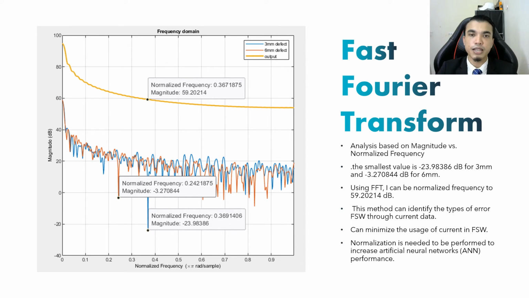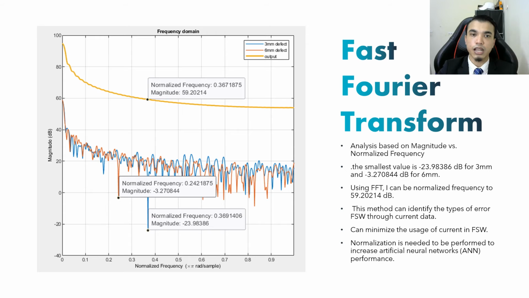In MATLAB, I'll be using fast Fourier transform or FFT to analyze the signal. The analysis is based on magnitude versus normalizing frequency. The smallest value is negative 23 dB for 3 mm and negative 3 dB for 6 mm. Using FFT, I can normalize frequency to 59 dB.